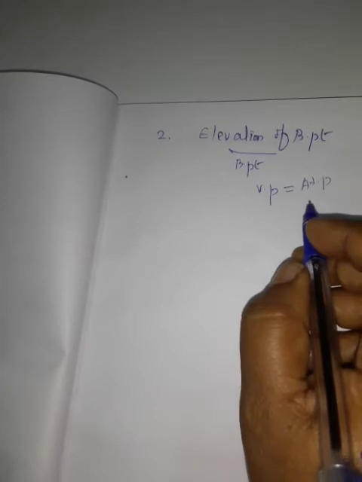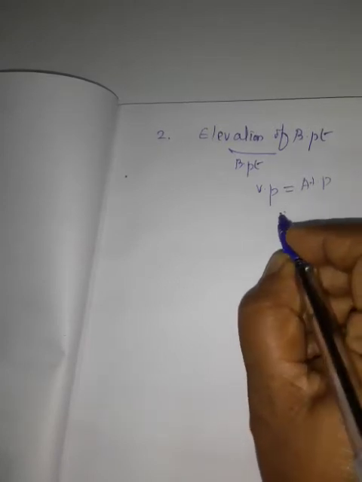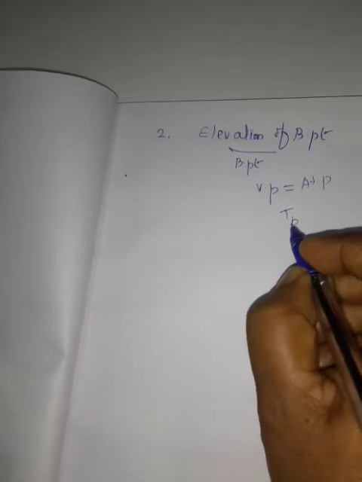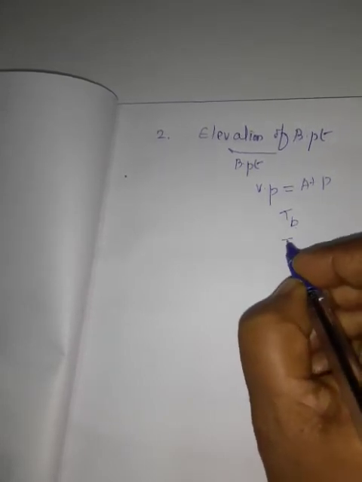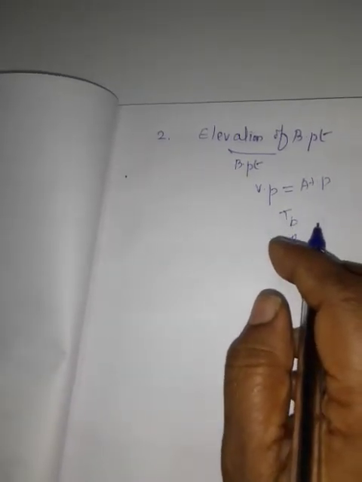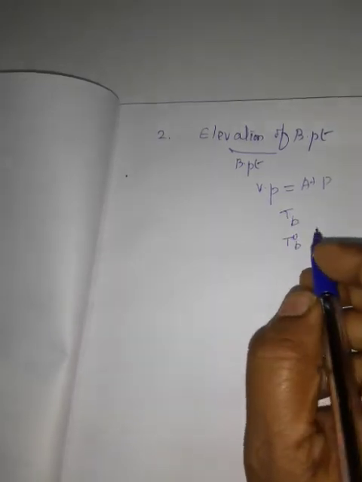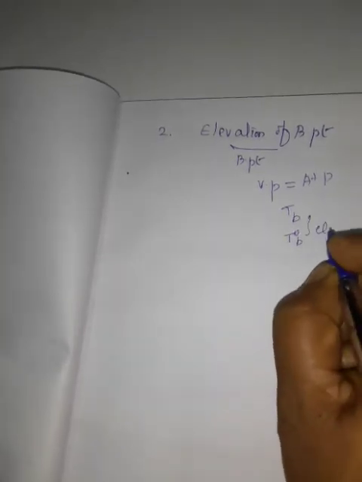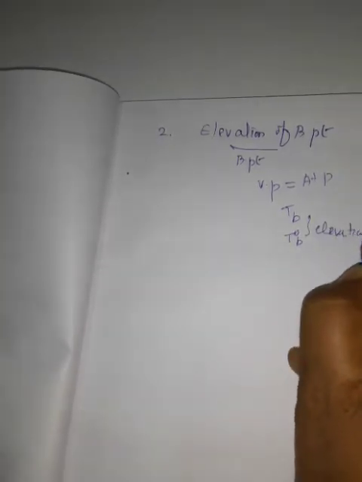As a result, the solution boils at a higher temperature, that is TB, than the boiling point of the pure solvent, T0B. This increase in the boiling point is known as elevation of boiling point.